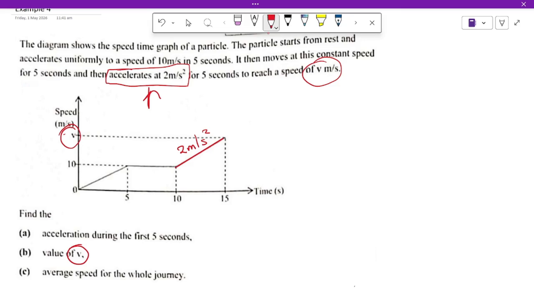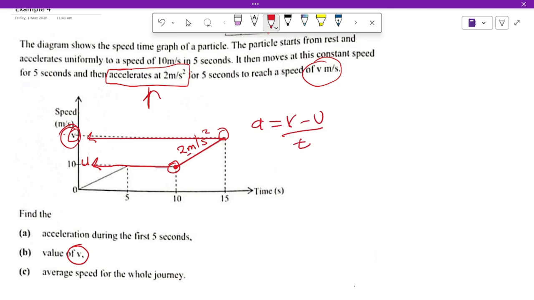The journey starts from this point here, okay, this point here, and ended at that point. So meaning your initial velocity is this one here. This will be your u, your starting velocity. Your final, that's the v you're trying to find. Okay, your final is this v. So we're going to say acceleration is equal to v minus u over the time.